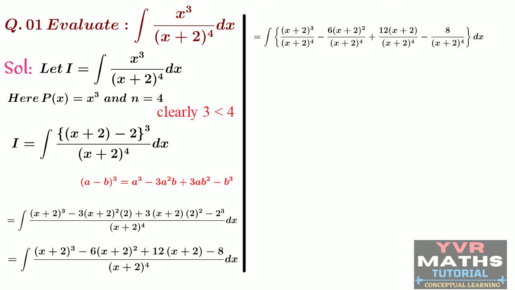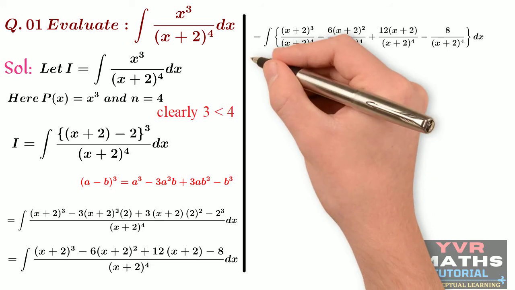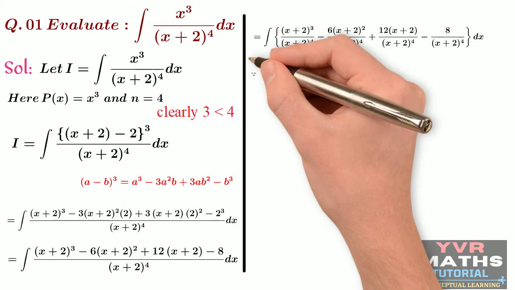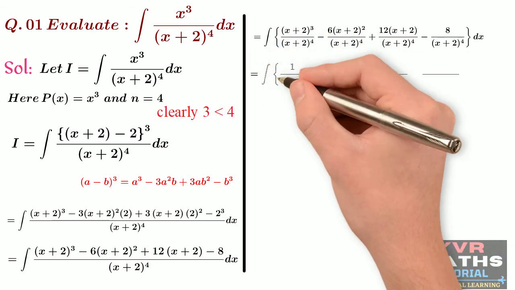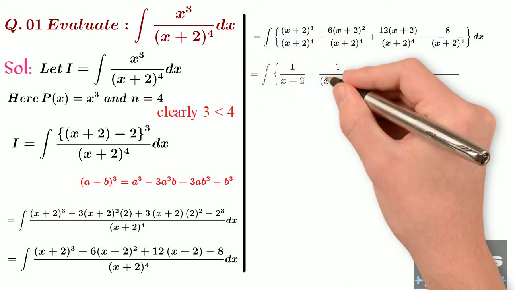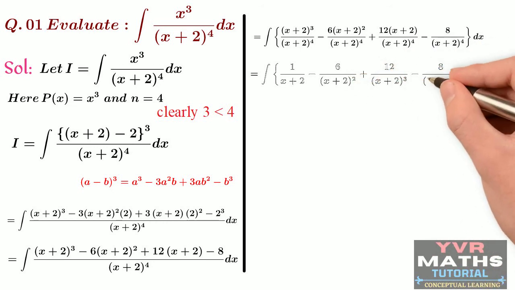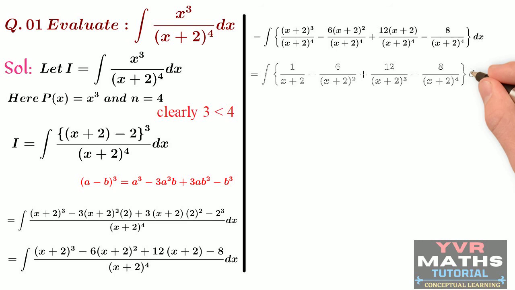In each term, some factors get cancelled. After cancelling, the new step is integral 1 by x plus 2 minus 6 by x plus 2 whole square plus 12 by x plus 2 whole cube minus 8 by x plus 2 whole power 4 dx.